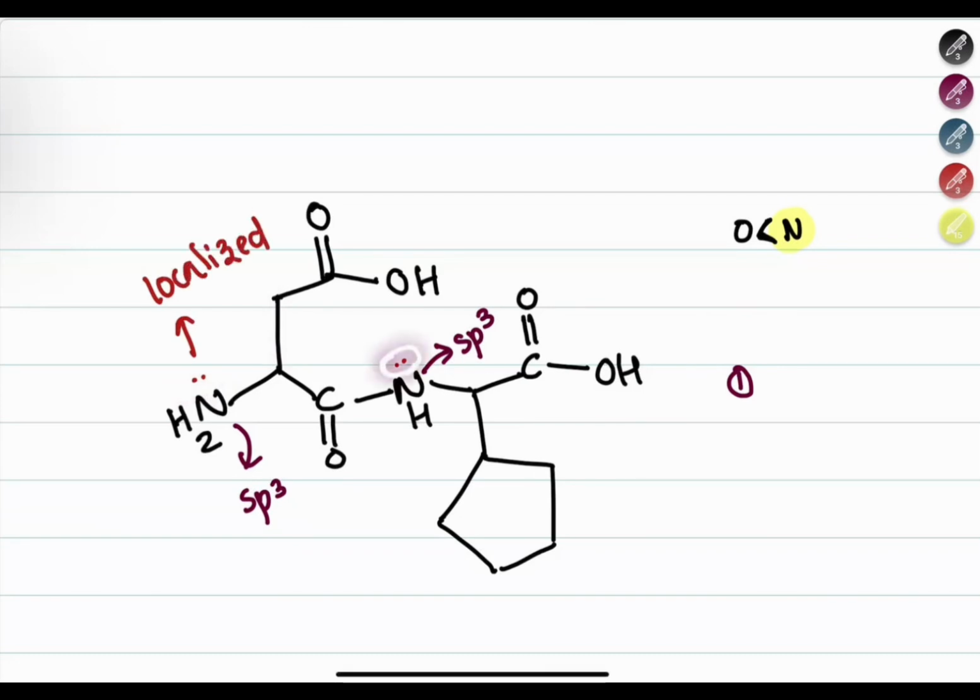But here, this lone pair has an adjacent double bond. That means this lone pair can take part in the delocalization. So this lone pair is a delocalized lone pair. So in this case, this nitrogen will have high basicity and this will protonate first.